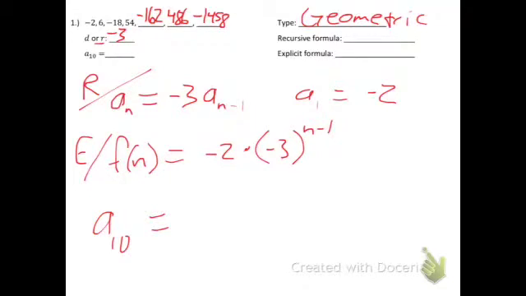And when you do that, you basically got to do -3 to the 9th power, which will give you a fairly large number, and then you times that by -2, and that will give you 39,366. And ta-da, that's our 10th term.